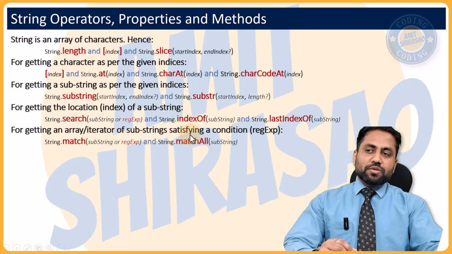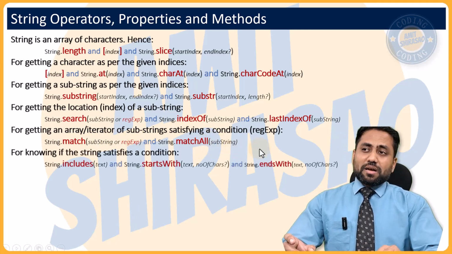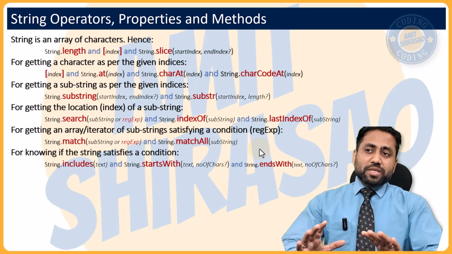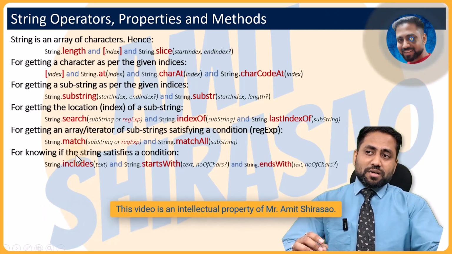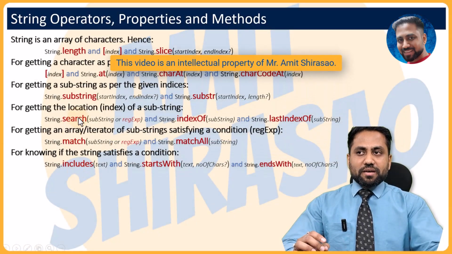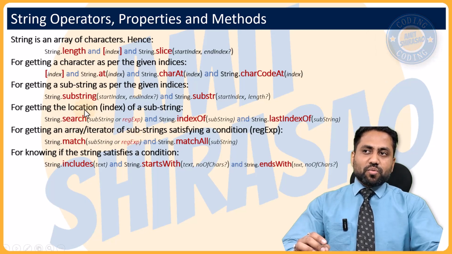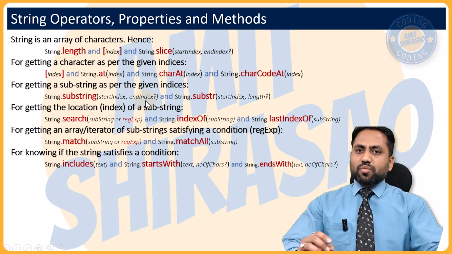Now what is the difference between the two? match can use regular expressions, whereas matchAll cannot use regular expressions. That's it. Then, for knowing if the string satisfies a condition, here we are not willing to get anything back. We don't want the index back, we don't want the array back, we don't want the substring back, we don't want anything.